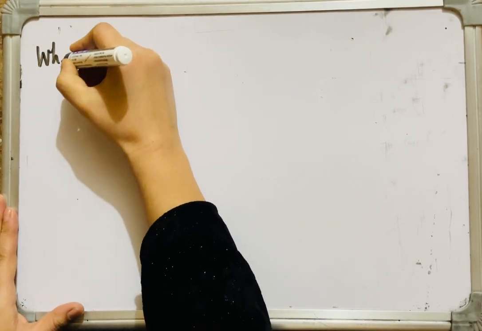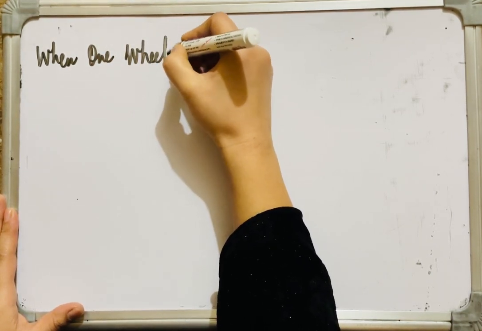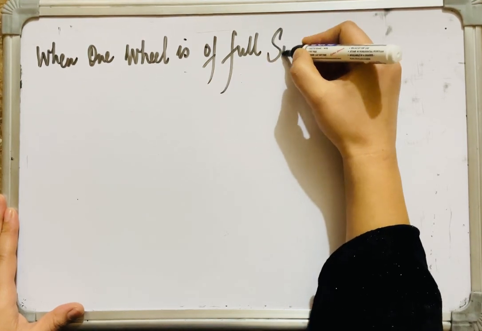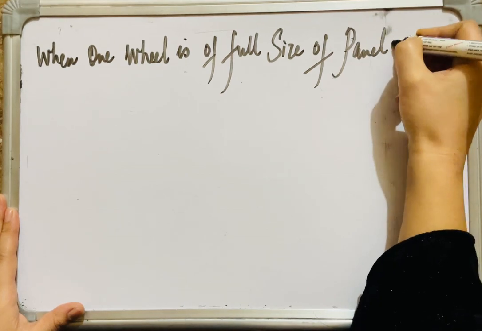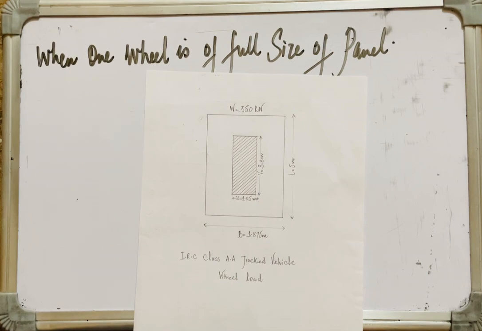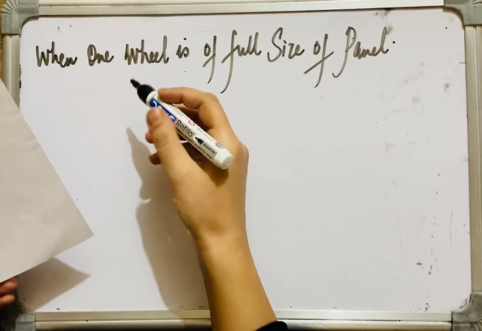When one wheel is of full size of the panel, live loads को calculate करने के लिए we're assuming that one wheel is at the center of the panel. Now for dead load calculations I'm assuming that when one wheel is of full size of panel, जब एक wheel इस पूरे panel के size का होगा तब उस time क्या होगा?